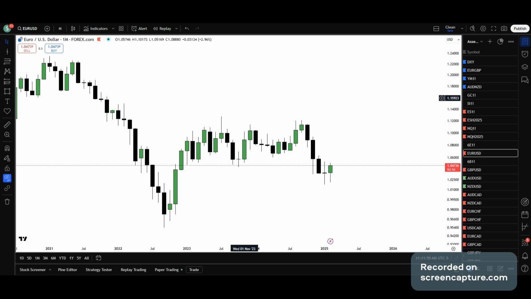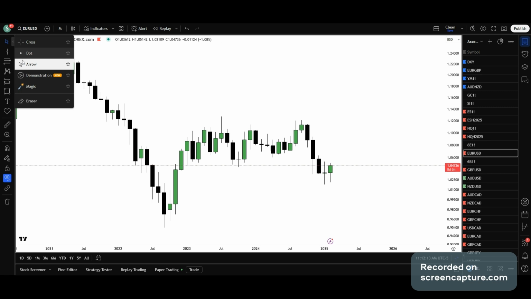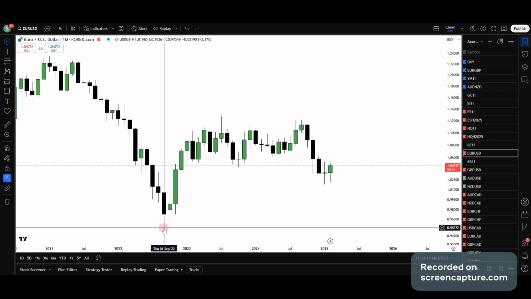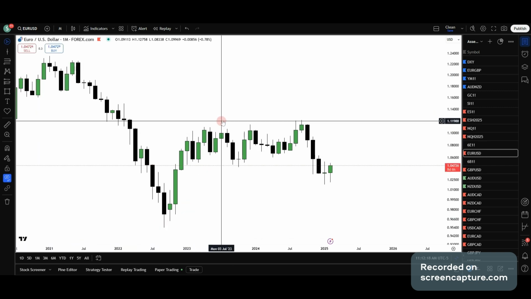Okay, in my previous videos, I spoke about how price was in a discount between this range low down here and this high right here.